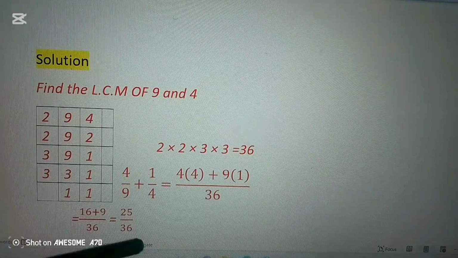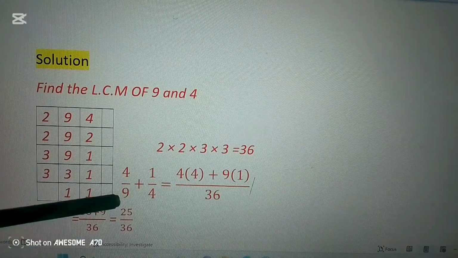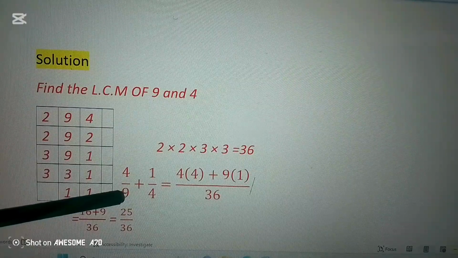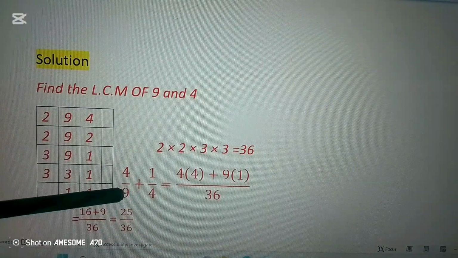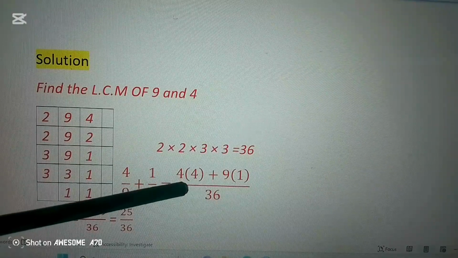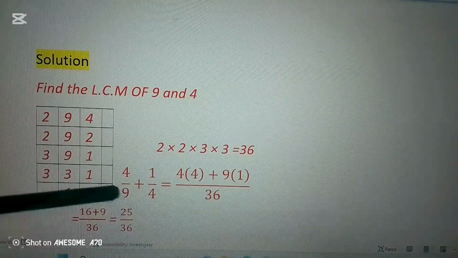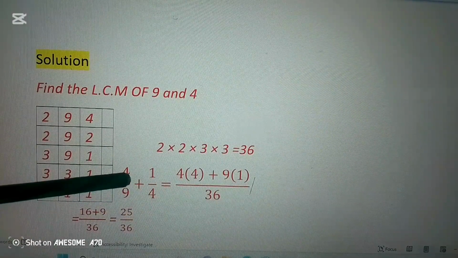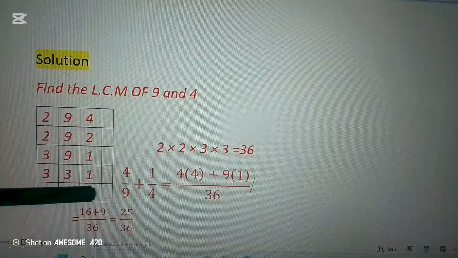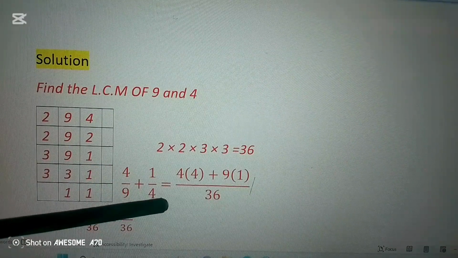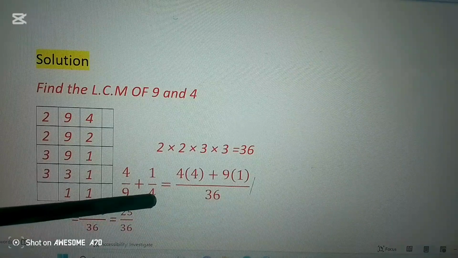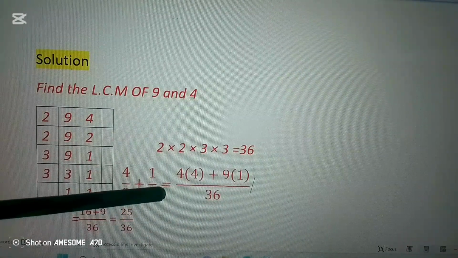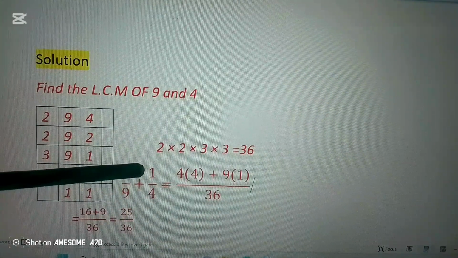If we divide 36 by 9, it is 4. Then 4 we multiply by 4. 36 divided by 9 is 4, then 4 times 4 is 16. The other one is 36 divided by 4 is 9, then 9 times 1.